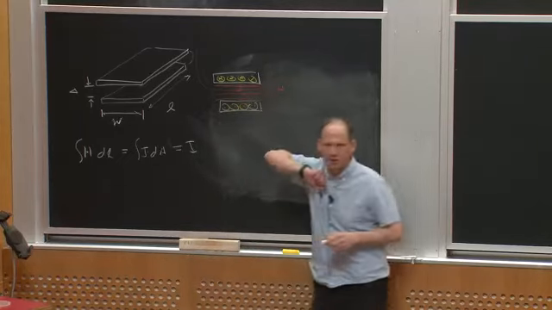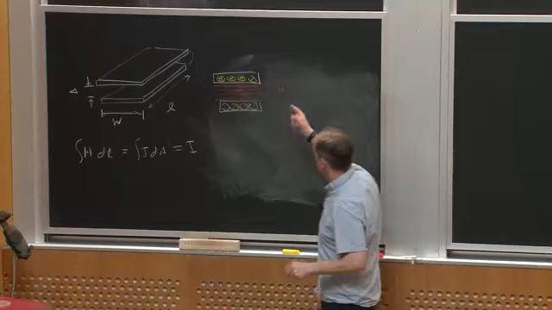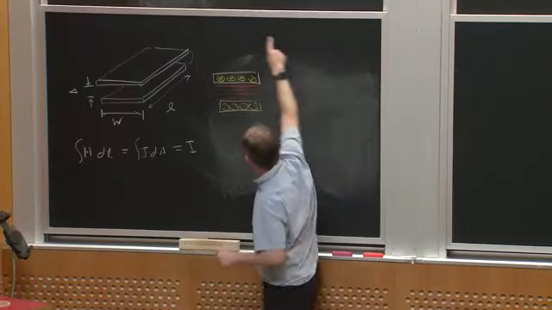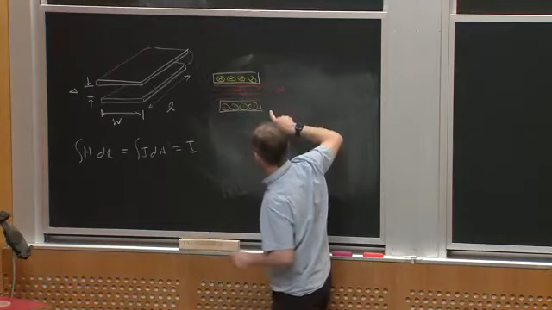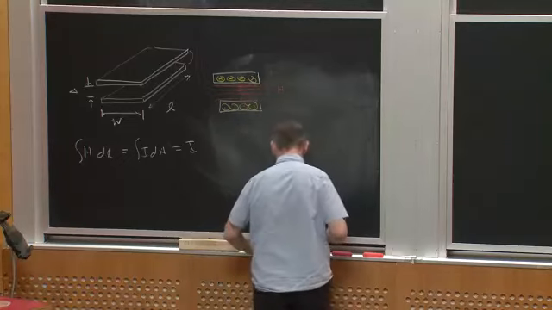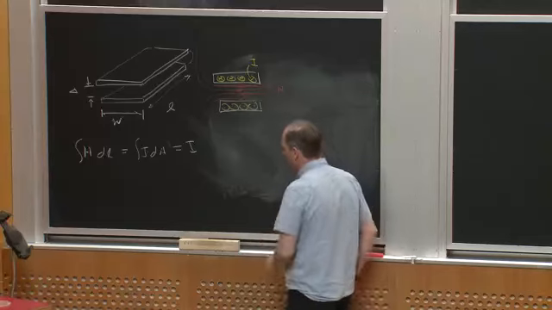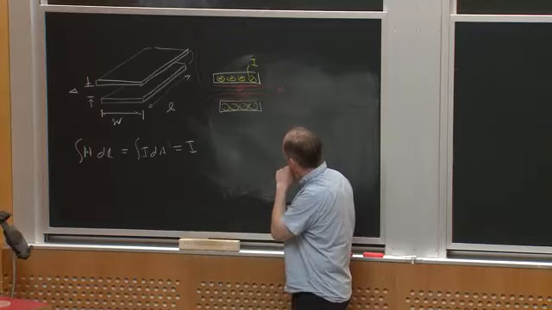I'm ignoring displacement current in this. So if I integrate the H field around any loop, I'm going to get the net current enclosed. So suppose this total current here is I. All right? Well, that's fine.